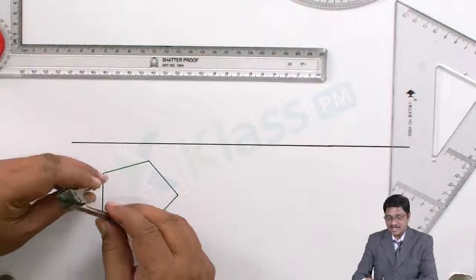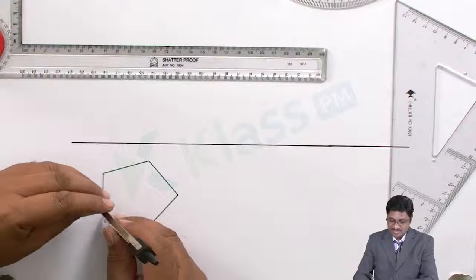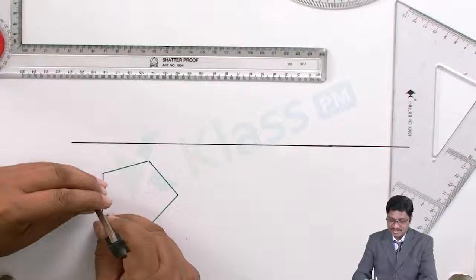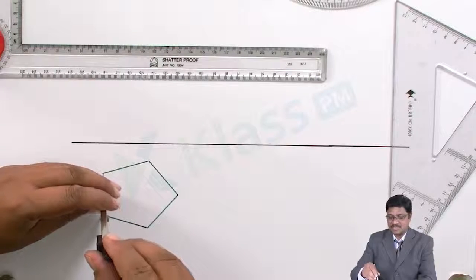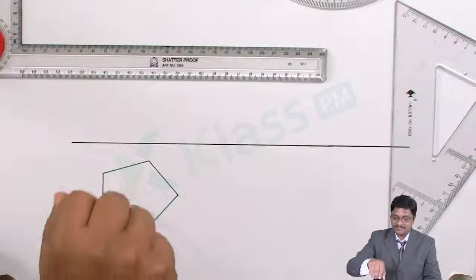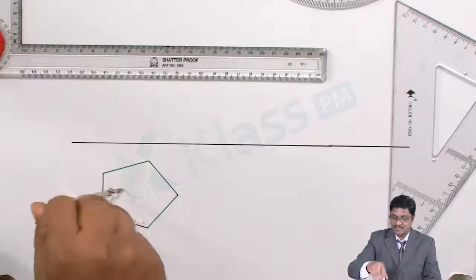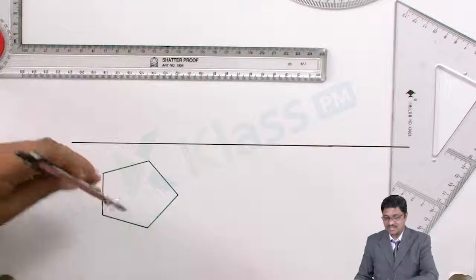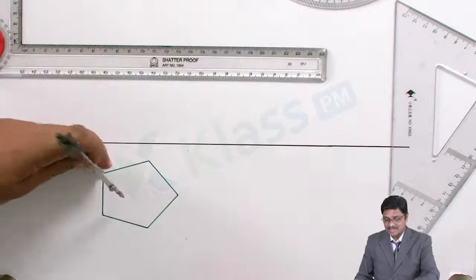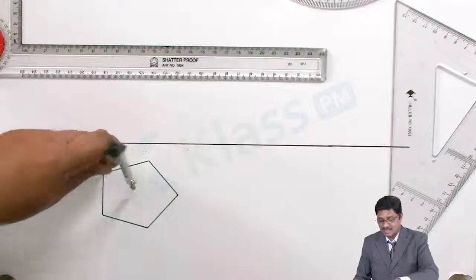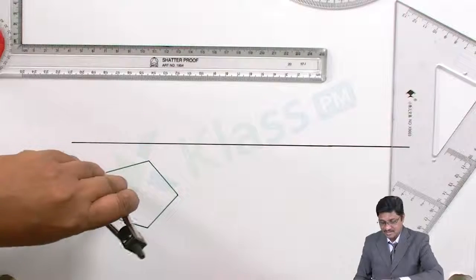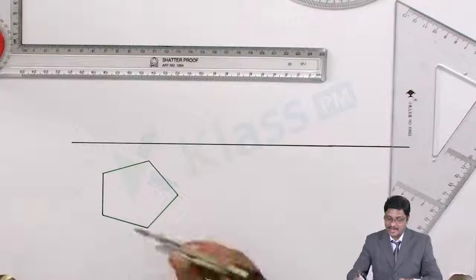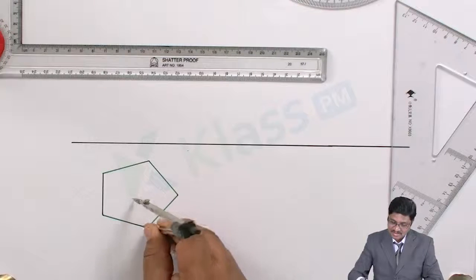Whenever the number of sides is odd, you have to draw a perpendicular bisector for any two sides. Taking approximately more than half, take the radius with the compass and draw the arc. With the other end as the center and the same radius, draw an arc to intersect the previous one. Again with the same radius, complete this side.